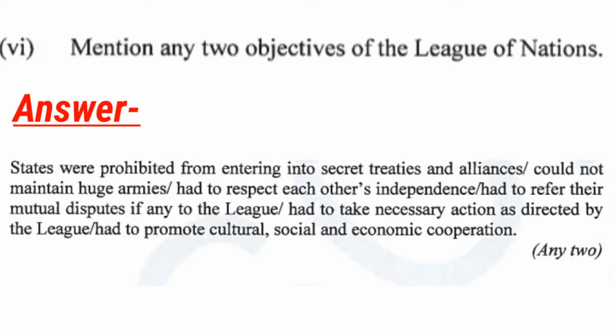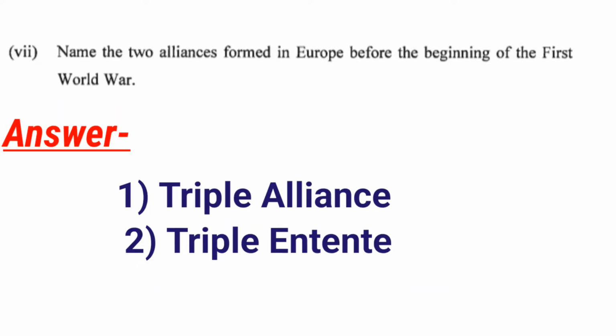States were prohibited from entering into secret treaties and alliances. Second, could not maintain huge armies. Next, question number 7. Name the two alliances formed in Europe before the beginning of the First World War. So the answer will be Triple Alliance and Triple Entente.